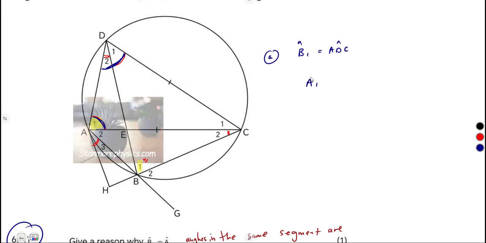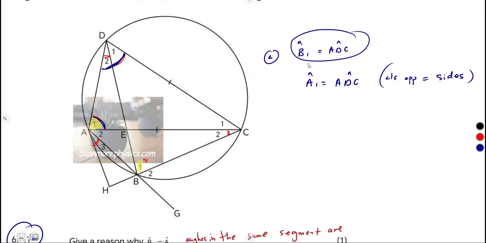So this is what we need to prove. Angle A1 and angle ADC are equal because they are angles opposite equal sides. I talked about these, guys, all right? Angles opposite equal sides.